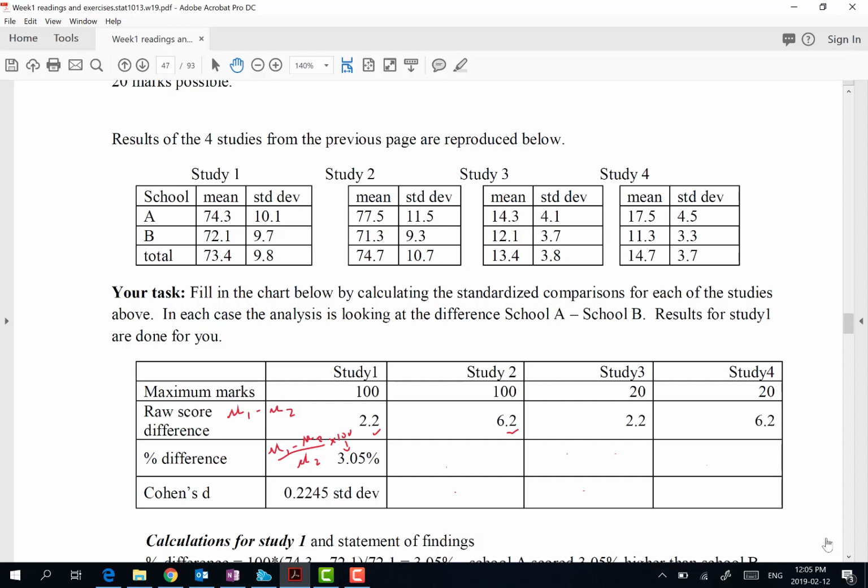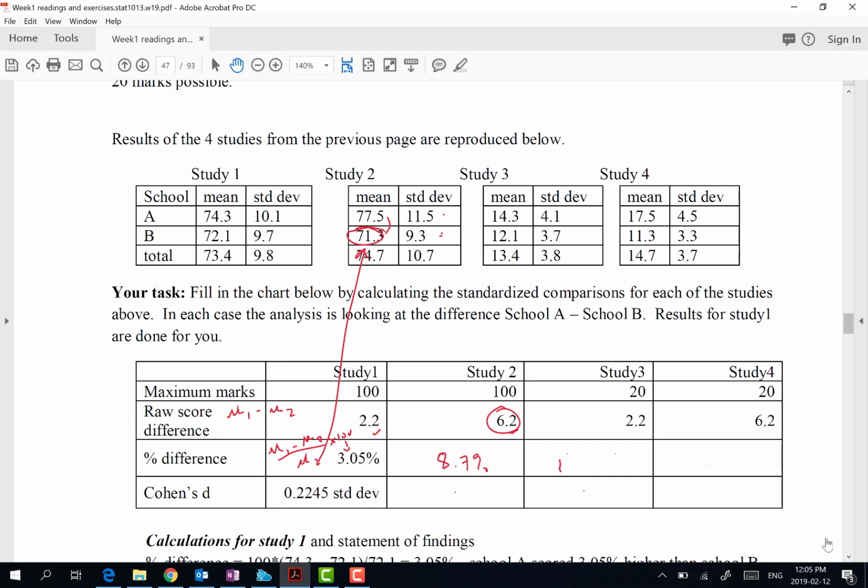So the first solution here is 8.7%. Basically I took 6.2, which is the difference between these two numbers, and I divided by the lowest number. That's mu2. Okay, and then multiplied by 100.